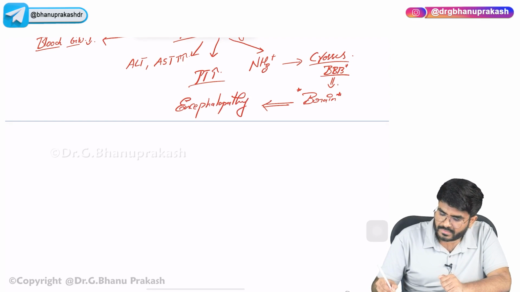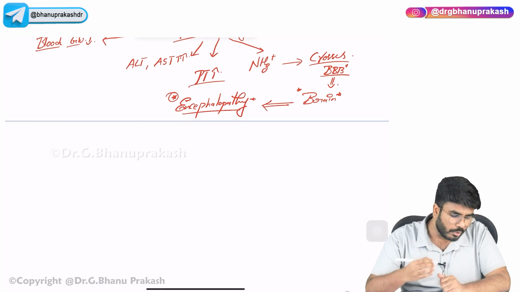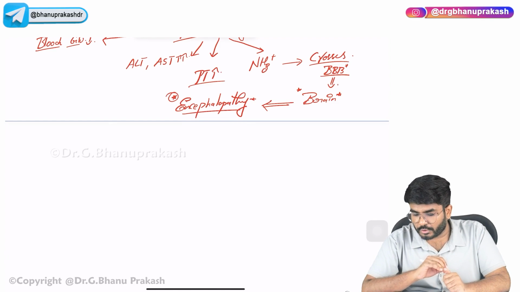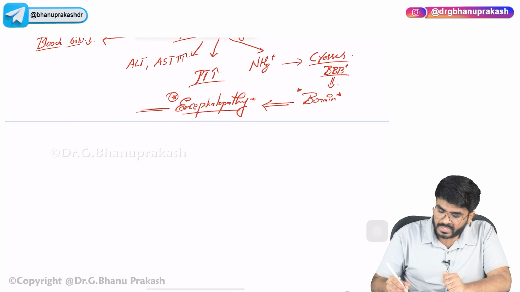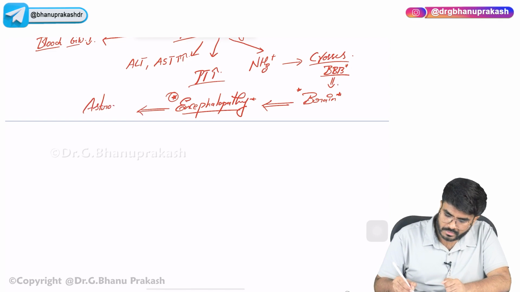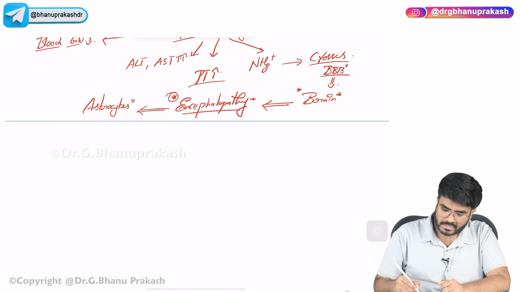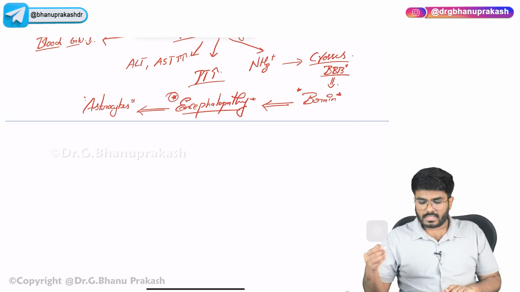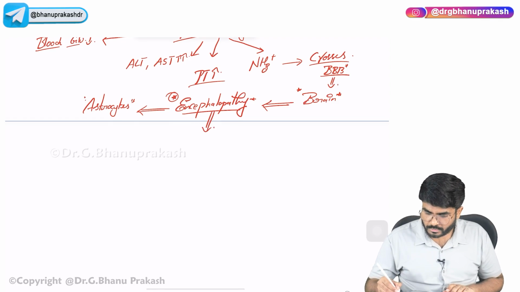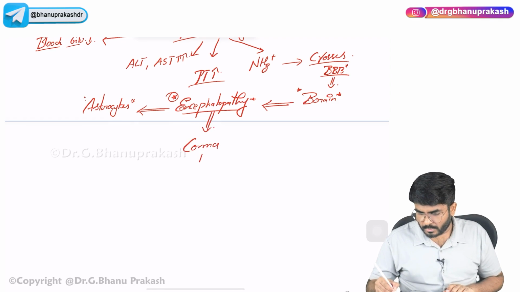Accumulation of ammonia in the brain is the one which causes the encephalopathy. The point which I want you to know is that the main cell which is getting damaged is the astrocytes. The patient first is going to have encephalopathy. That encephalopathy can lead to coma, and that coma can actually lead to death. It's a serious condition.